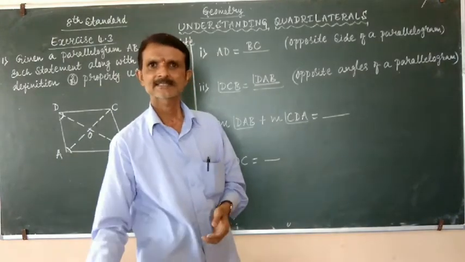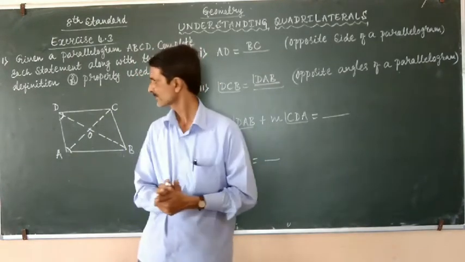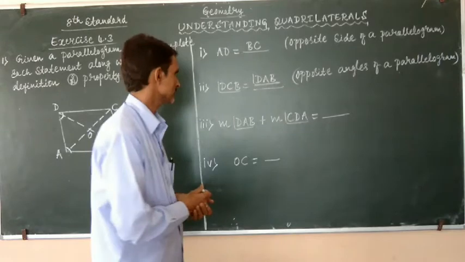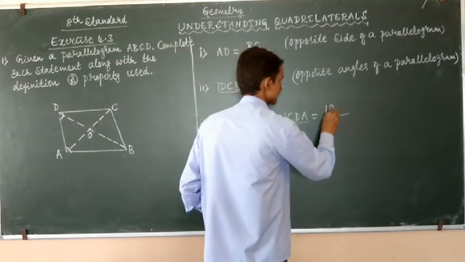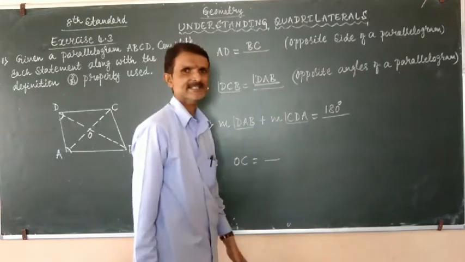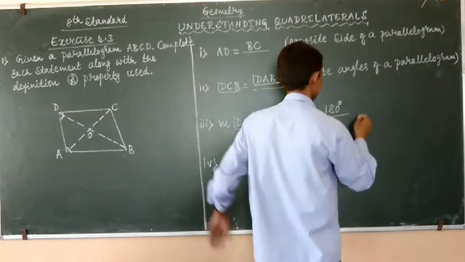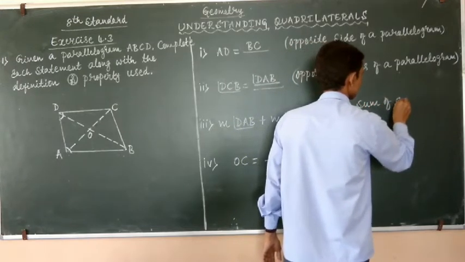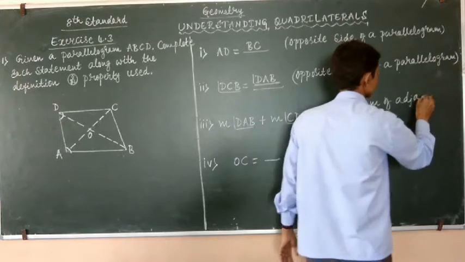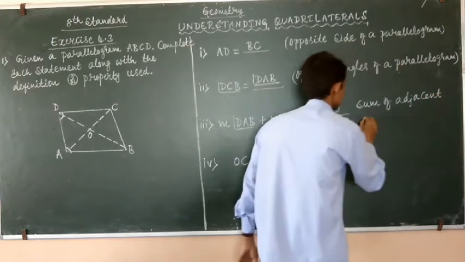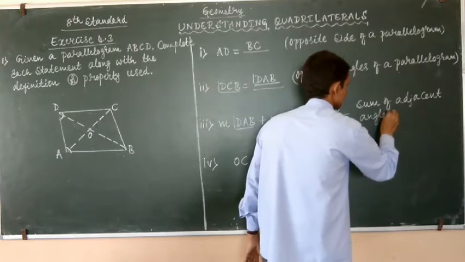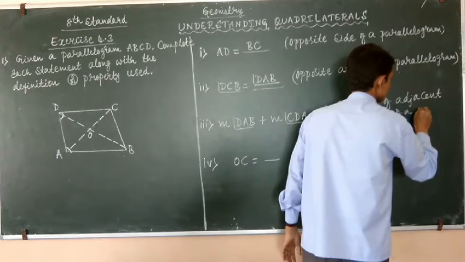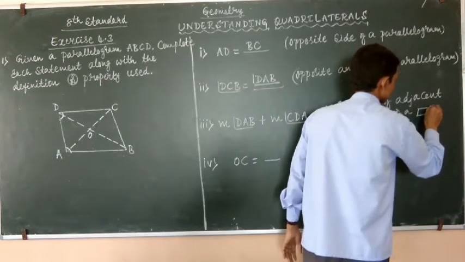We know that the sum of adjacent angles is supplementary, equal to 180 degrees. Therefore we write 180 degrees. The reason is sum of adjacent angles of a parallelogram.